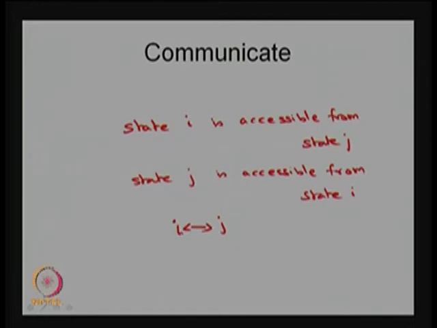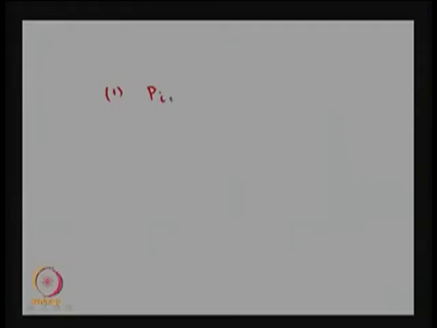Since I use the concept of access to define the communicate, it is going to satisfy a few properties. The first property, any state communicates with itself. That means p_i(0), that is nothing but the probability that X_0 is equal to i, given that X_0 is equal to i, is going to be 1 for all i. Any state communicates with itself.